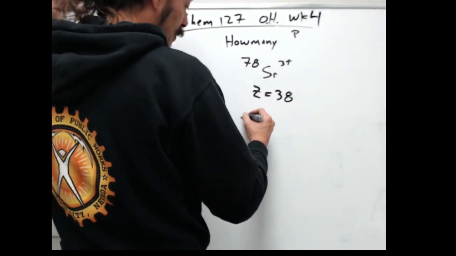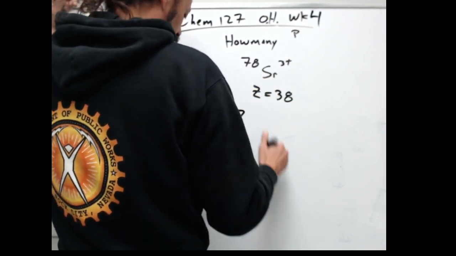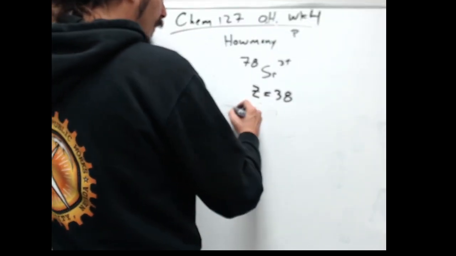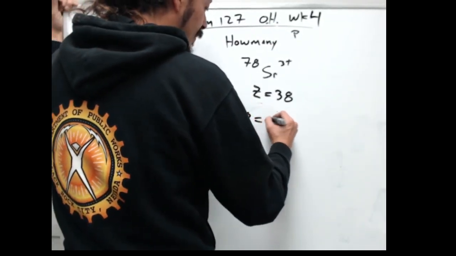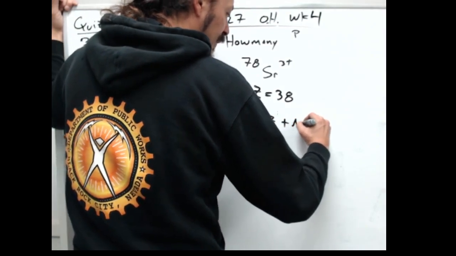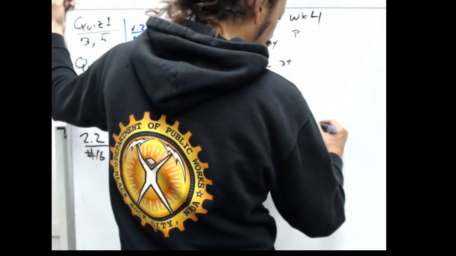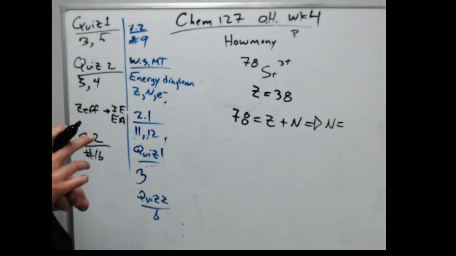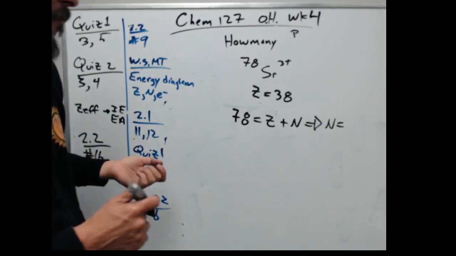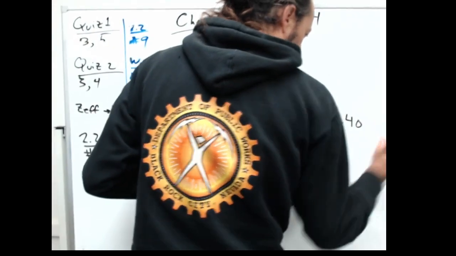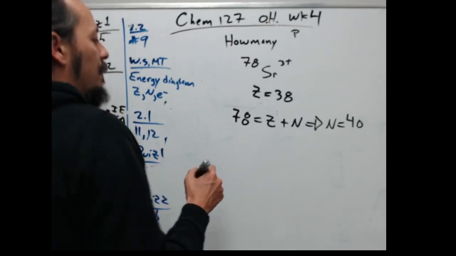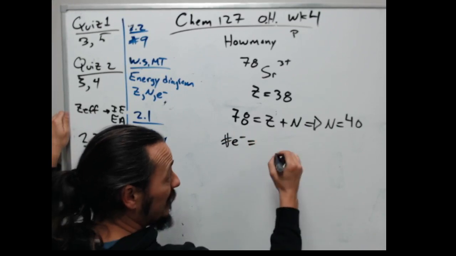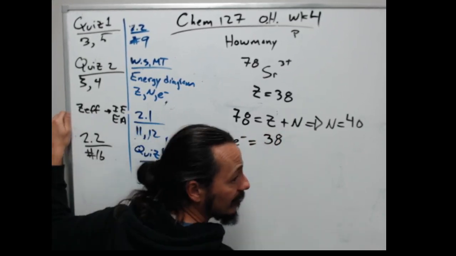Then our number of neutrons. The 78 is going to be the number of protons plus the number of neutrons, which means I can solve for my number of neutrons just by doing 78 minus 38, 40. And then my number of electrons, if it was neutral, would be 38.